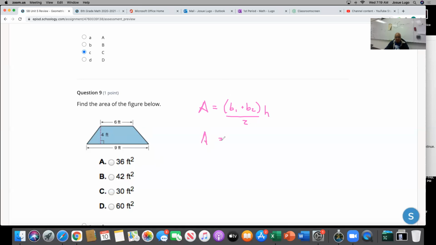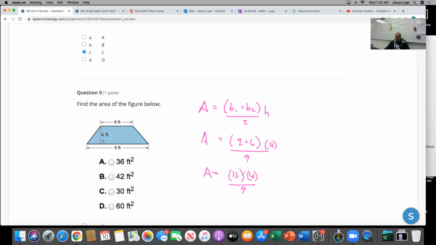So my area is going to be base 1 plus base 2. So write it into the formula. So 9 plus 6, 9 plus 6. And then I'm going to eventually divide by 2 and then multiply by the height, which is 4. All right. So area is going to be 15, because 9 plus 6 is 15, times 4.